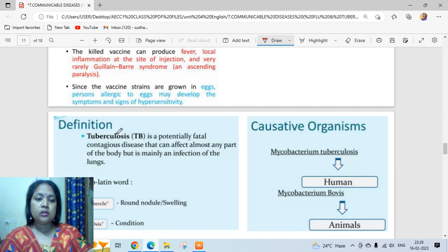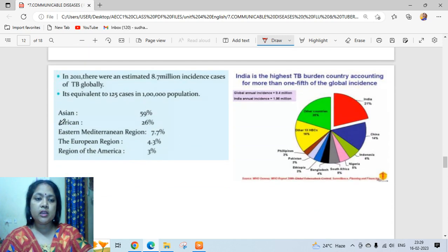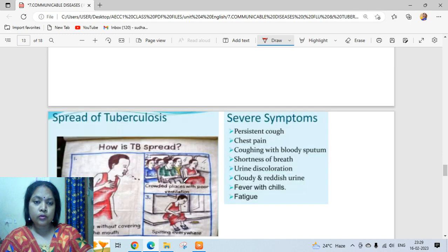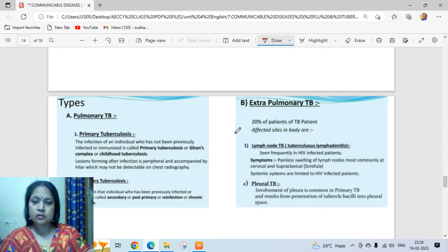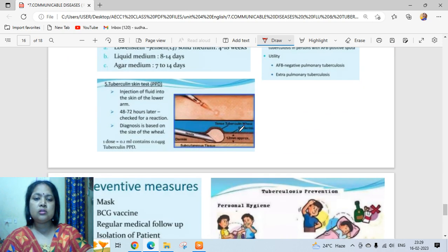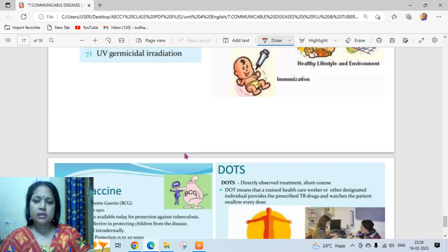Then we will discuss tuberculosis: its definition, the causative organisms, the portion affecting TB in different continents, severe symptoms, how TB spreads, types of TB, how TB is diagnosed, and how we can prevent TB.